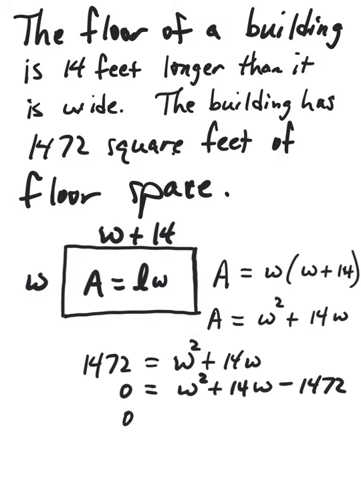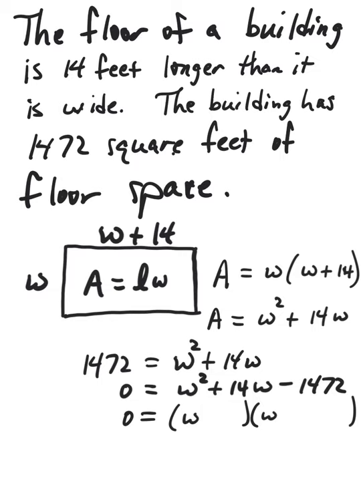If you do it right, any of those three techniques will work. I'm going to try factoring, although I don't know if it's going to work. W squared, that's pretty easy. That's W times W. The thing now is we've got to find two numbers that add up to 14, but multiply out to a negative 1472.